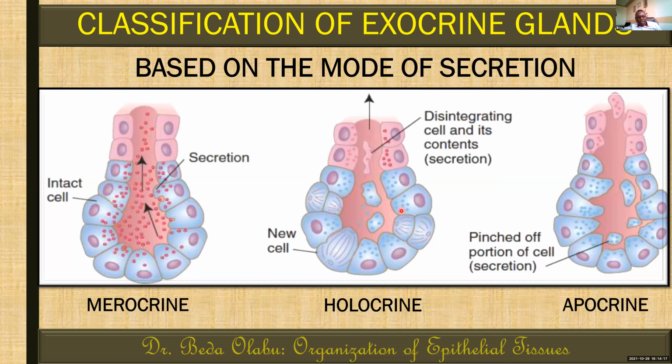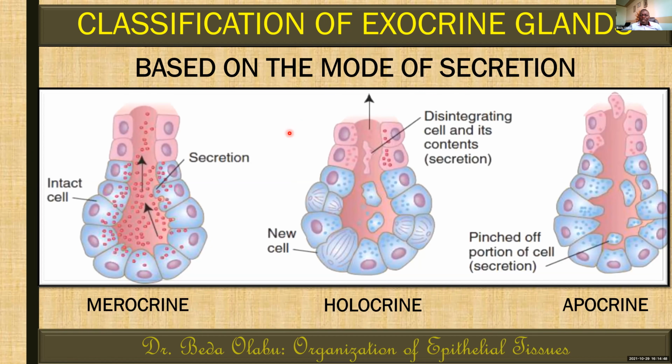So let me say that again. In the first one, the contents are released through exocytosis and the cell remains intact. That is the merocrine mode of secretion. In holocrine secretion, the whole cell disintegrates. And in apocrine secretion, a part of the cell disintegrates.